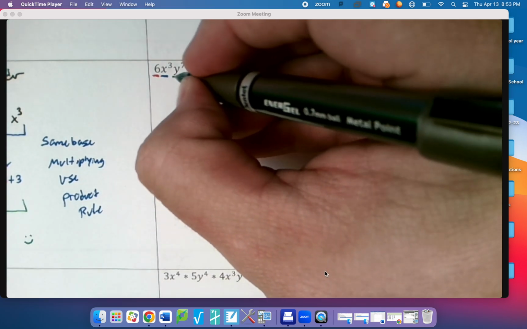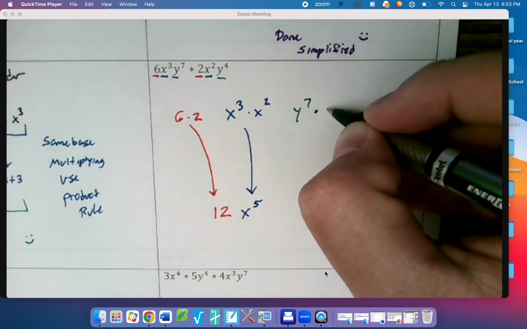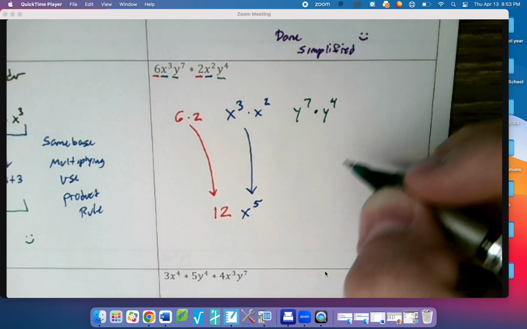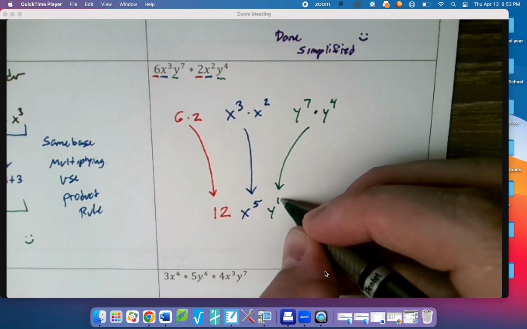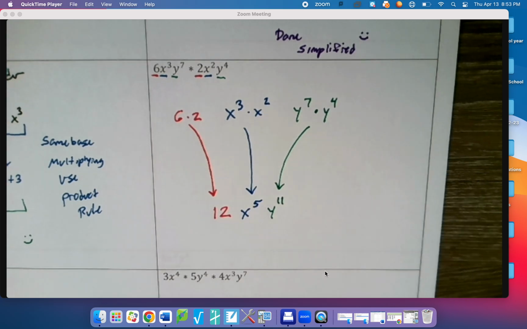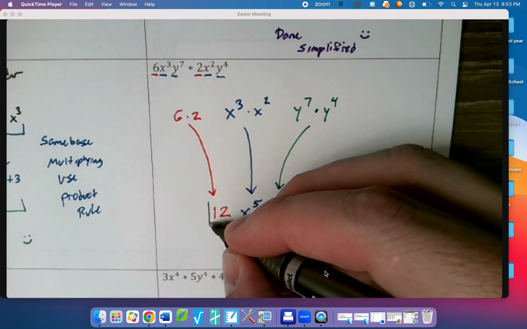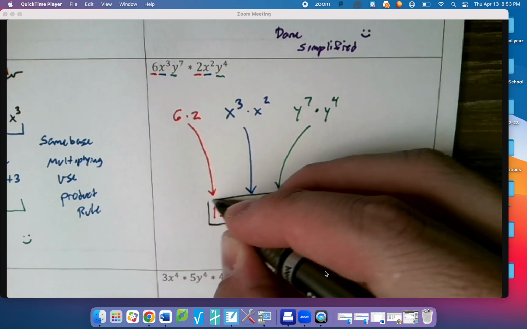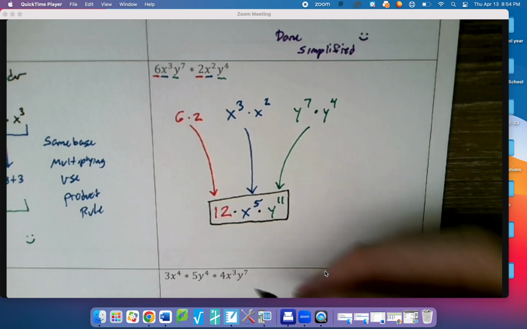All right, and then we've got the y. So I've got 7 of them. They're multiplying 4 of them, which gives us y to the 11th. And we can add the multiplication dots in at the end if we want.